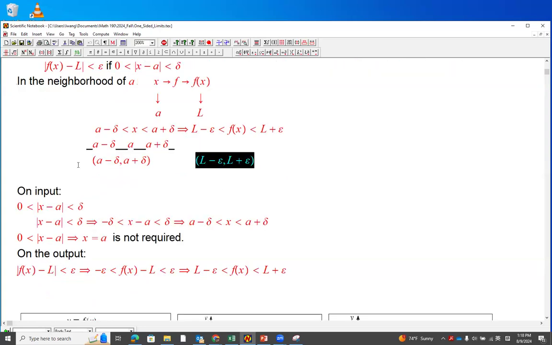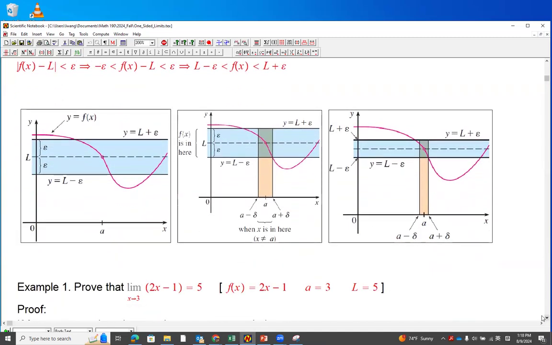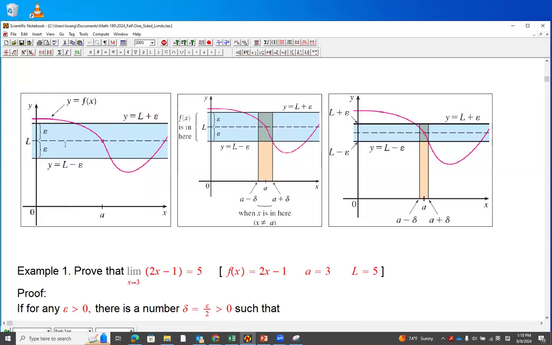Graphically, now we're ready for the graph. So for any epsilon, we want the function to be close to L, because if L is the limit, the function is to be as close to L as you want, as close as possible. Any kind of closeness we want is described by epsilon. Say I want epsilon to be 0.5, or 0.01, or 0.0001.